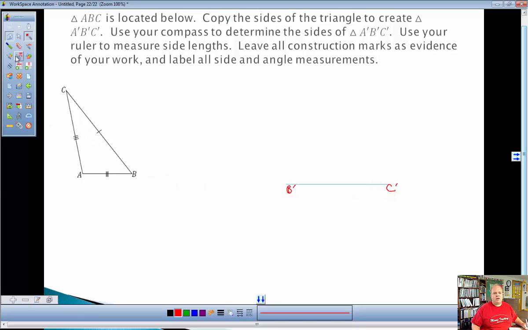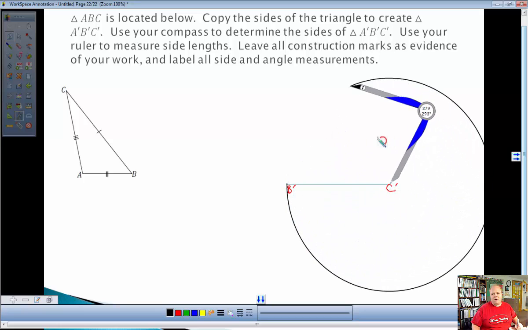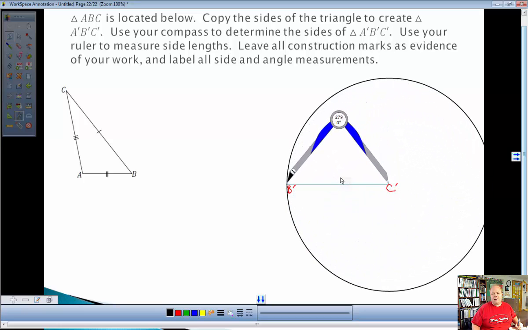Let's go ahead and get our compass back out. Now C is my radius, and then B is the outside of the circle. Draw my circle. It's okay this went off the screen a little bit because that's not the side I'm using. Now I want to figure out what B and A are.